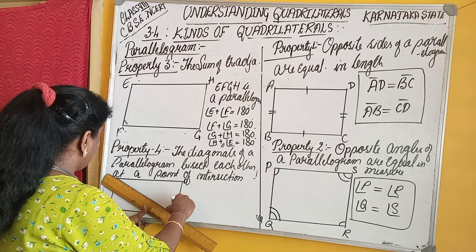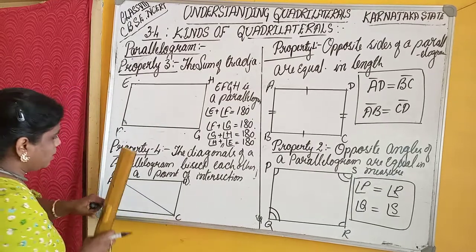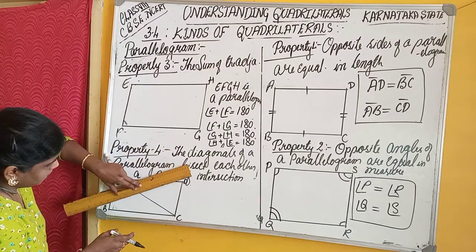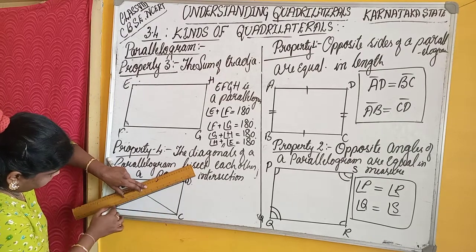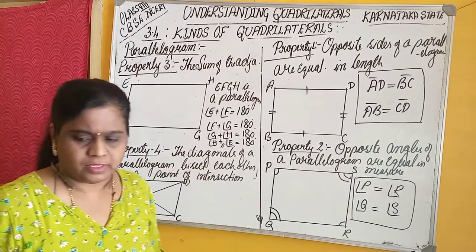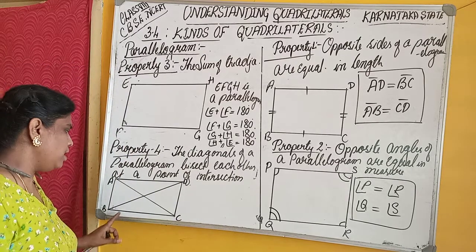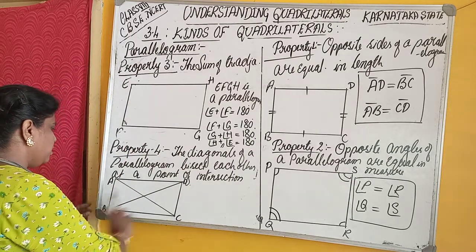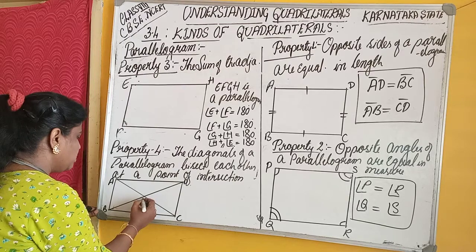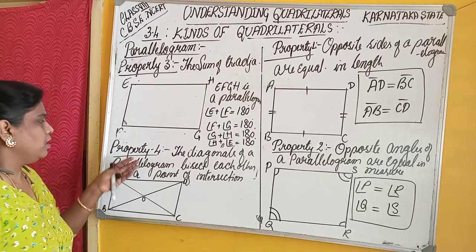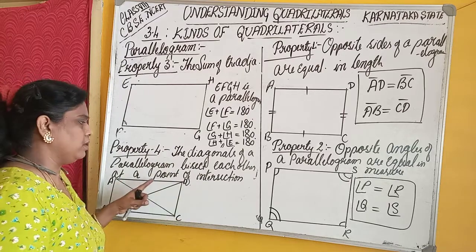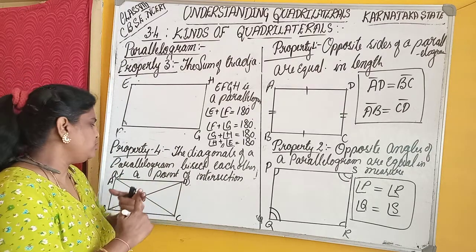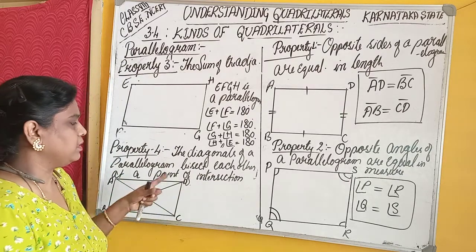Yes, AC and BD are the diagonals. Okay, students, here it is a parallelogram ABCD, and the diagonals are BD and AC. They are meeting at O. According to property 4, the diagonals of a parallelogram bisect each other at the point of intersection.